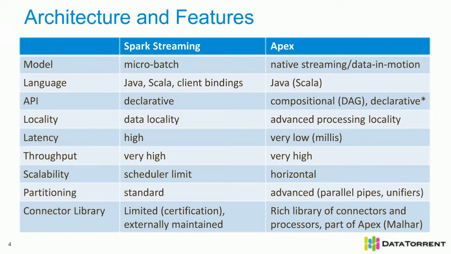Spark has standard partitioning support as it is being used for all its batch processing as well. It's definitely capable of handling large amounts of data. In Apex, we have introduced a couple of advanced partitioning schemes to enable certain use cases that are otherwise hard to achieve.